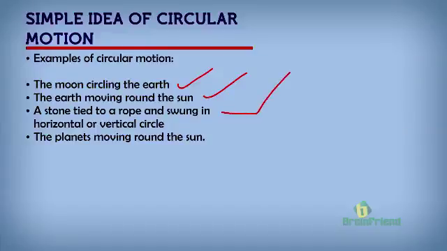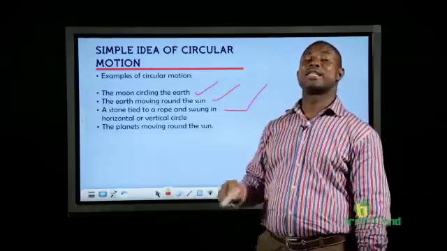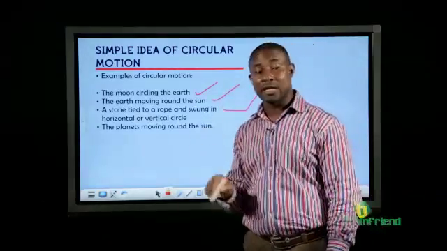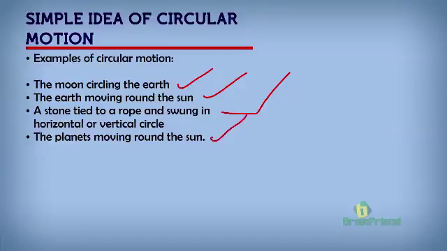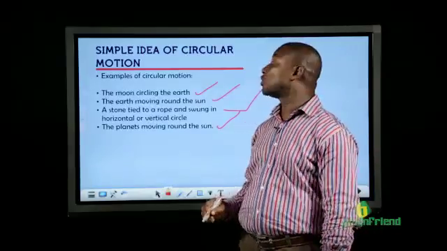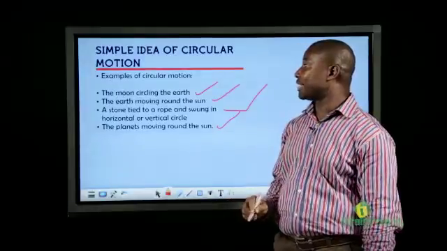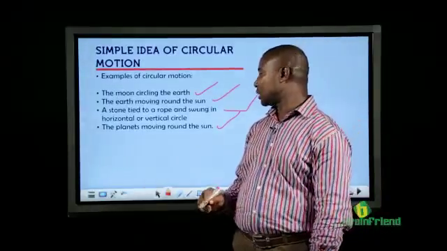A stone tied to a rope and swung either horizontally or vertically in a circle is also an example of circular motion. The stone is going around the circumference of the circle. And then planets that are moving around the sun also make us understand that they are moving around the sun in a circular motion.